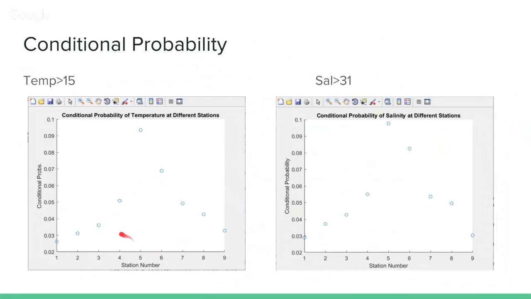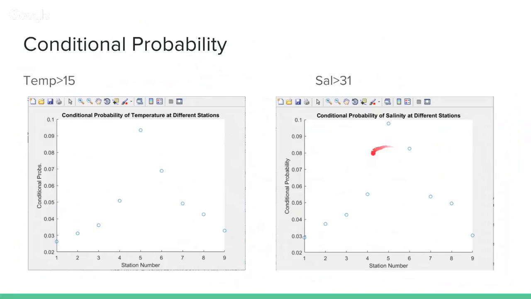Like we said, based on the earlier empirical CDFs, the north station would have a lower probability of TC concentrations, and this helps us prove that some more by looking at the data. If you add all these up, it'd still be less than the conditional probability at station 0, and the same at south. It would be less than 0, but it would be greater than the northern stations. And the same goes for the probability of salinity.